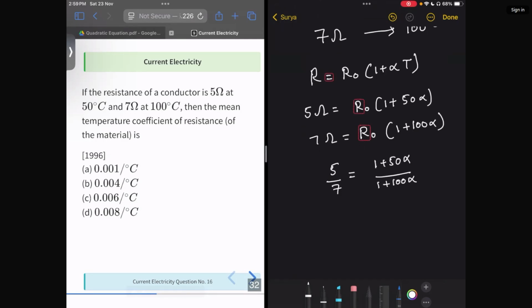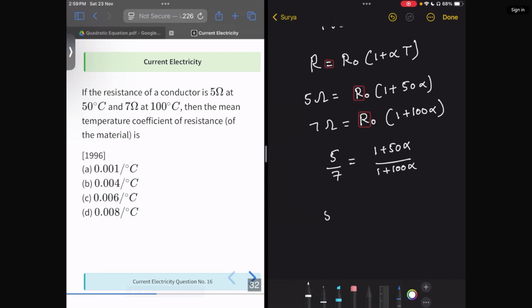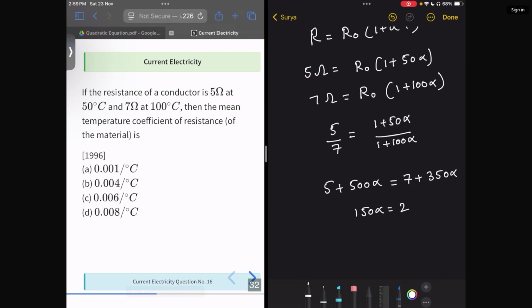If you solve this, 5 plus 500 alpha equals 7 plus 350 alpha, so 150 alpha is equal to 2. Alpha is equal to 2 by 150.